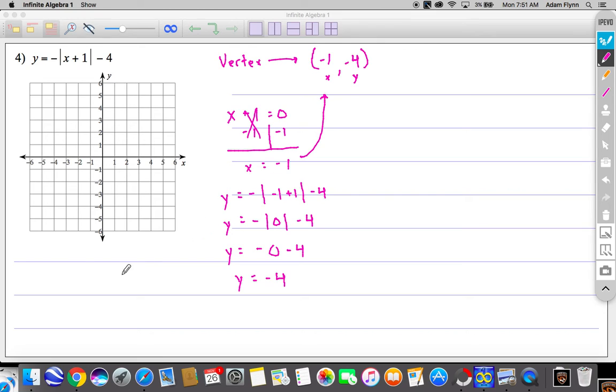So I'll make my table of values. So we have x, we have y. I'll plug my vertex right in the middle, so we have negative 1, negative 4. Two values to the left are going to be negative 2 and negative 3. And two to the right are going to be 0 and 1.